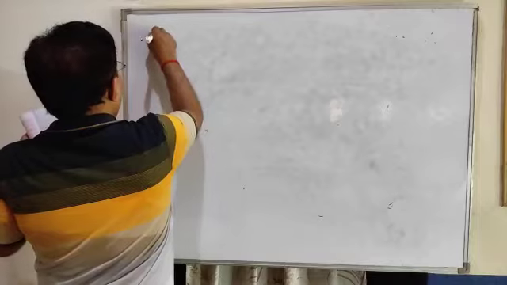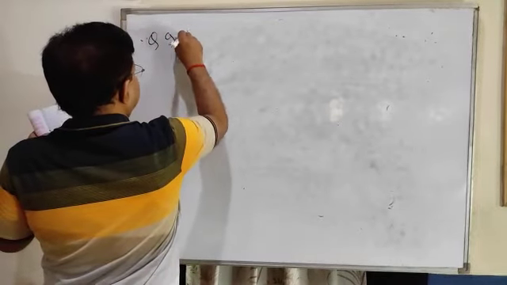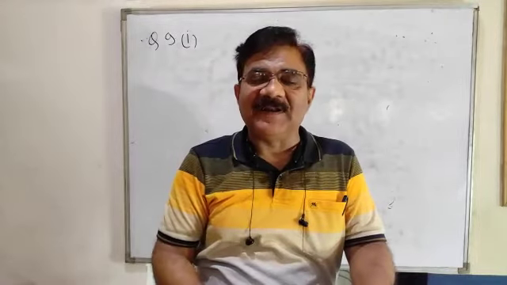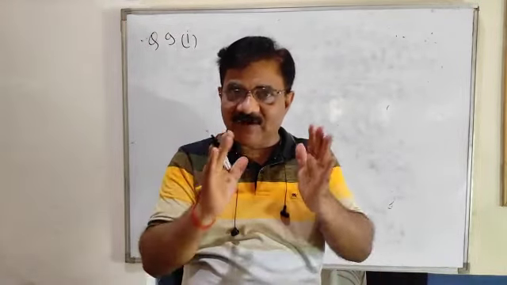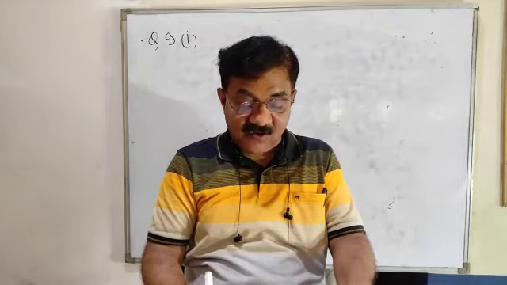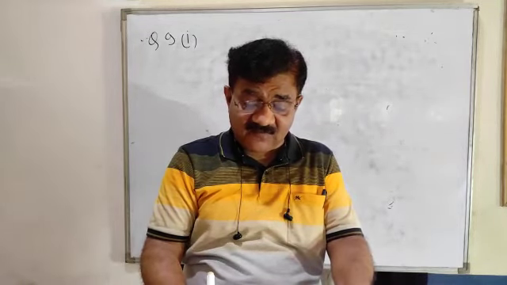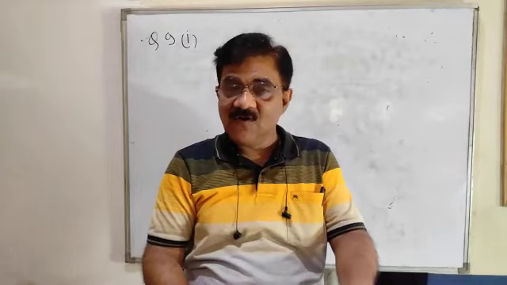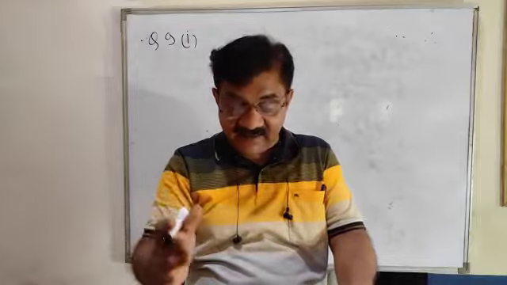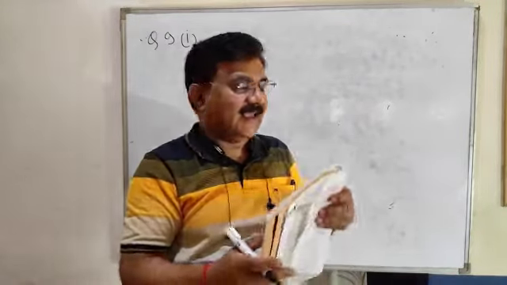Question number 9, 1. What is the question? Two angles are supplementary, means sum of two angles is 180 degrees. Two angles are supplementary. One of them is one third of the other. Then find the angles.